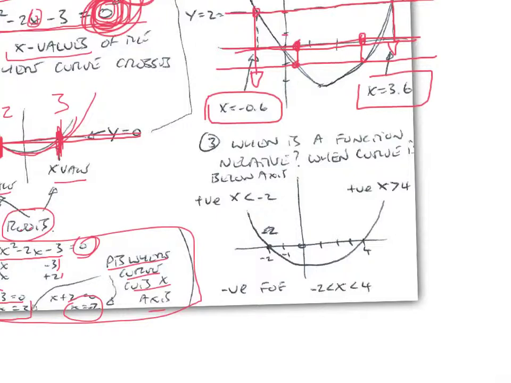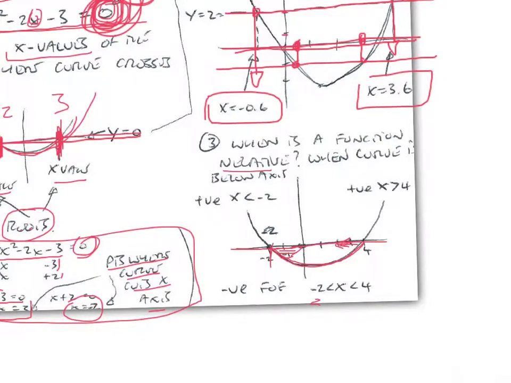When is a function negative? Okay, well, it's negative when the curve is below the x-axis. So you can see that here this function is negative for values of x greater than minus 2, going that way, to x less than 4. Not less than or equal to now, less than 4.